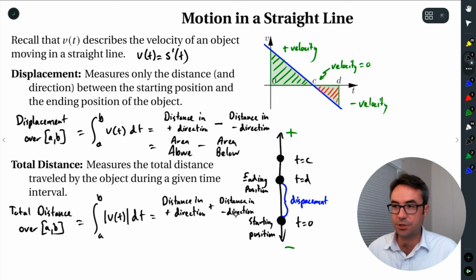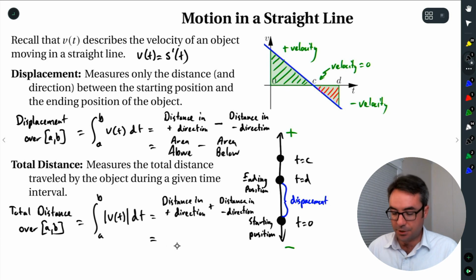We don't care about the direction here. We just want to know how much did I travel going up, how much did I travel going down, and add those two results together.